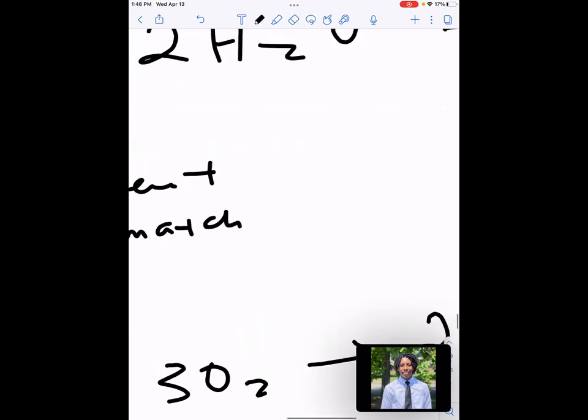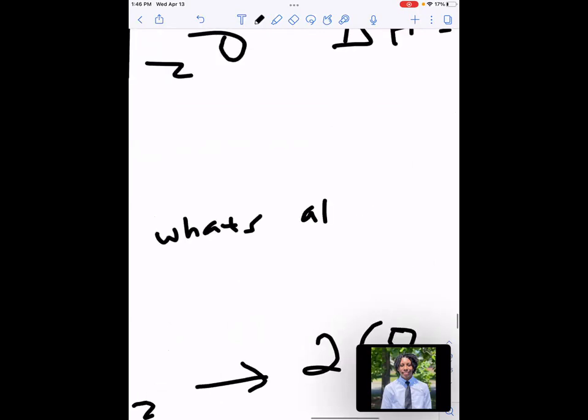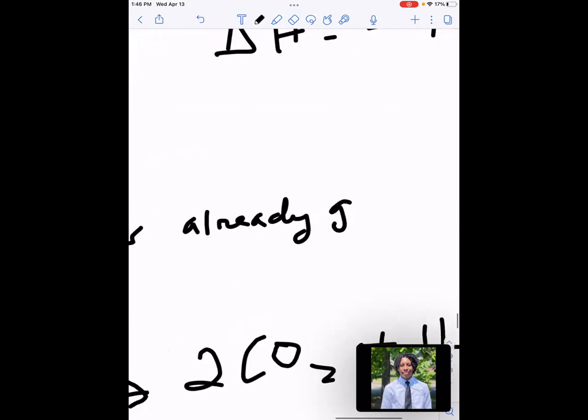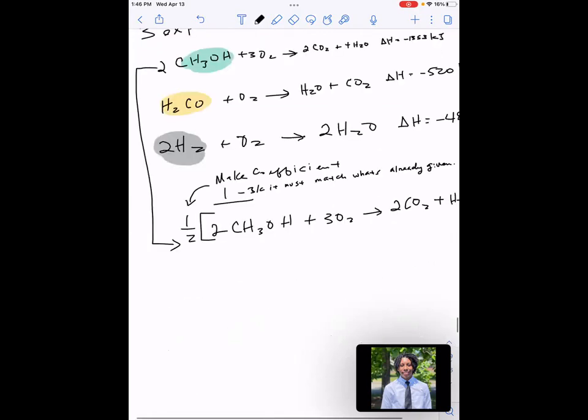So it's got to match what's already given. So I'm going to multiply everything through by 1/2.